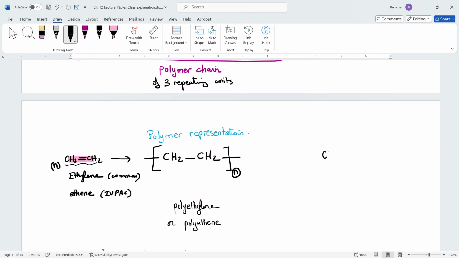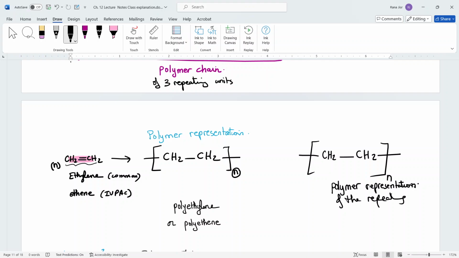My repeating unit is two carbons here, so I just draw the two carbons without drawing the alkene, and then I draw two lines because those units are going to be bonded to each other, and then start my brackets and put the n at the end. That is going to be the polymer repeating unit. So this is called the polymer representation. Okay, so that's the polymer representation of the repeating unit.